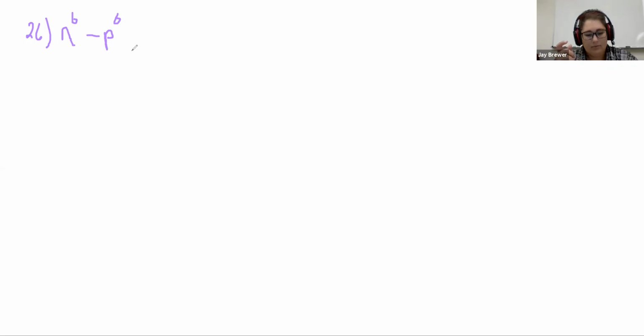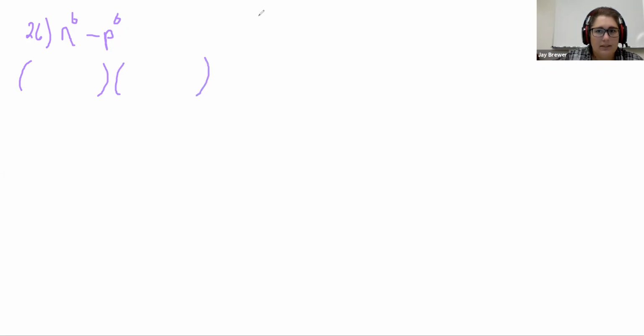Because when it comes to binomials, if you have an addition, you might not always be able to factor, but with negatives, you almost always can. So what did we do in 25? 25 was a sum of 2 cubes and a difference of two cubes, right? So we're going to split this first, and then you're going to notice something.